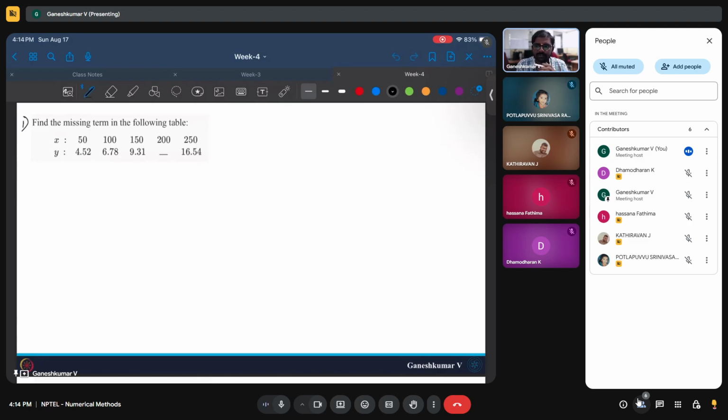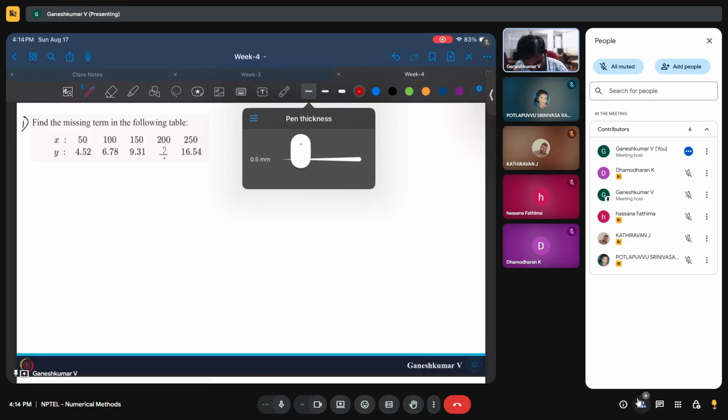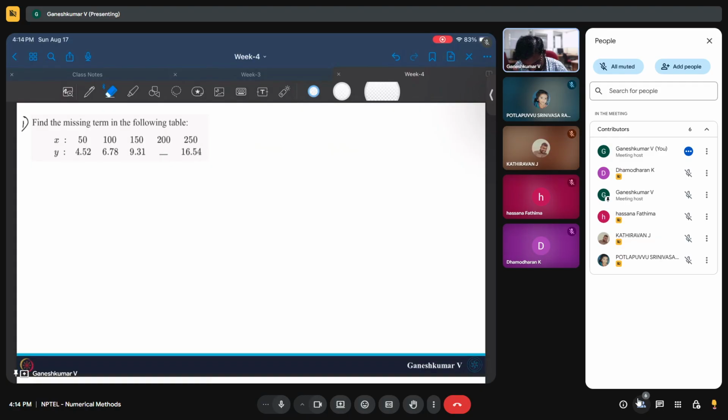The first problem is to find a missing term in the following table. You have been given x and y. There are 5 data points of x, and only 4 values of y for now. They are asking you, if x is equal to 200, what is your y value?